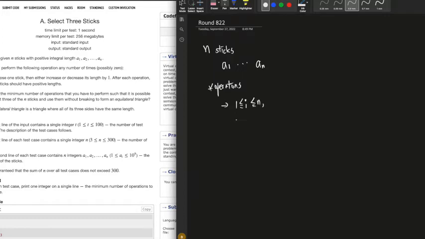Then we can increase or decrease its length by 1. So it means AI can be AI minus 1 or AI plus 1.